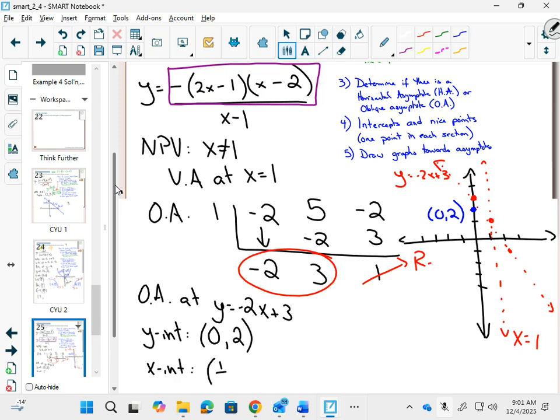Well, +1/2 would make the first factor 0, and +2 would make the second factor 0. So I go and I label those points. 2, 0, and 1/2, 0.